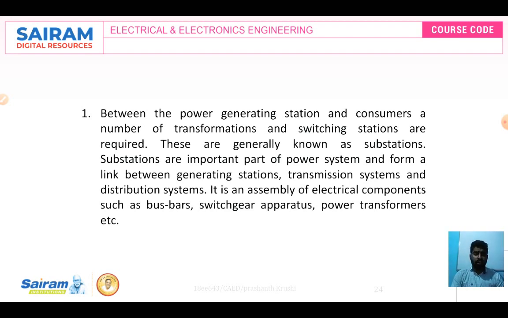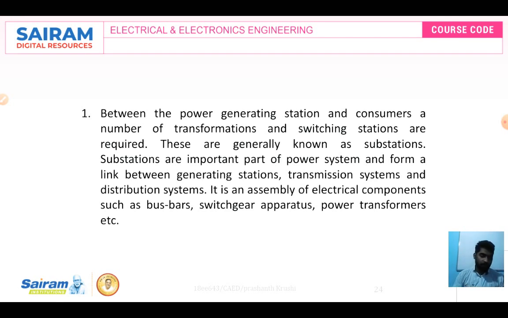Substations are an important part of a power system, and form a link between the generating station, transmission system, and distribution system. A substation is an assembly of electrical components such as bus bar, switchgear, power apparatus, and power transformer. A substation is not only a transformer.